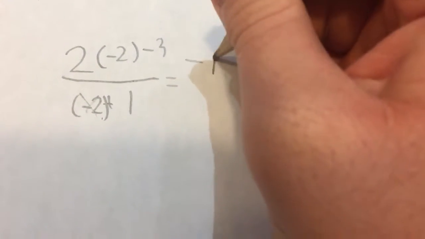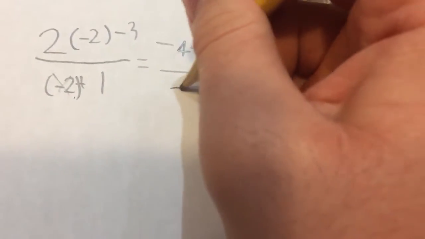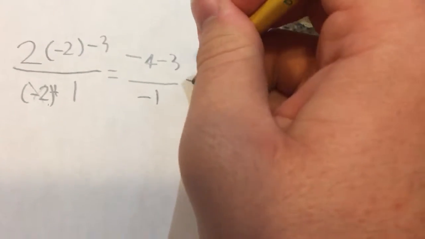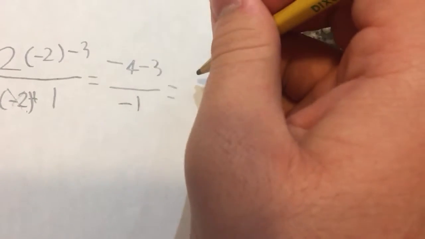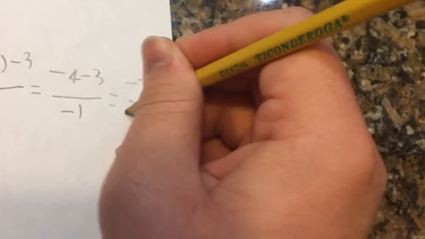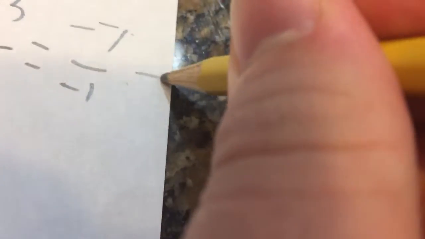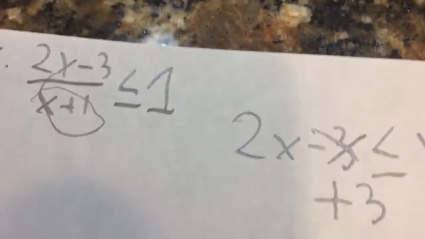So that we have negative 4 minus 3, and negative 2 plus 1 is negative 1. So we have negative 4 minus 3, it's negative 7, over negative 1. However, the negatives will cancel each other out, and we're left with a regular 7. Now, I don't know about you, but I'm pretty certain that's not less than or equal to 1.